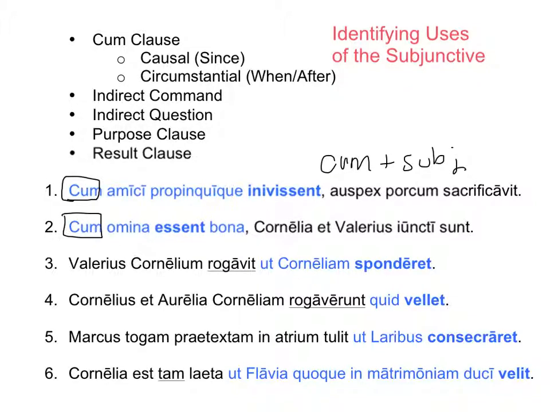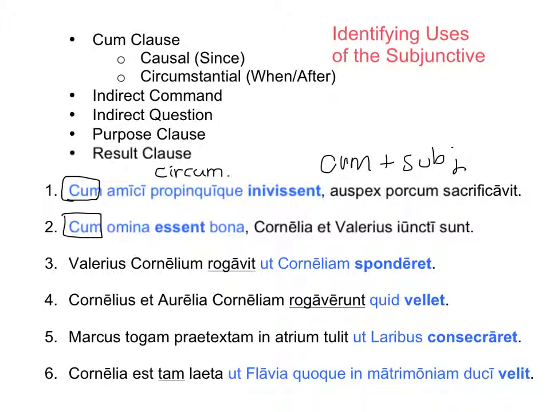So that's really what you're looking for, the word cum plus a subjunctive, because we also have other uses of cum that are not with the subjunctive. So when or since the amici, friends and relatives, in Uwiscent came in, entered. When or since the friends and relatives had entered, the auspex, the priest, sacrificavit, sacrificed the pig. So what do you think, when or since? Probably when, so we would say that this one is the circumstantial one.